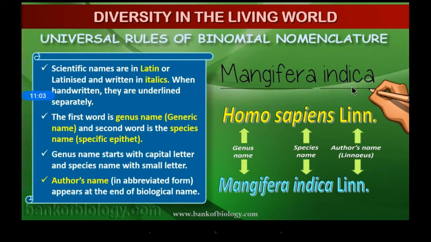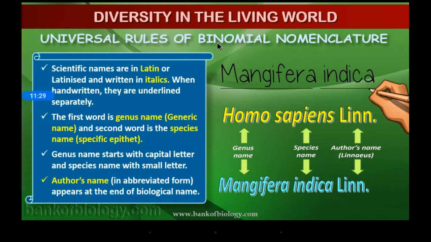And here you can see the genus name will start with a capital letter and the species name or specific epithet will start with a small letter. Yes, so these are the main criteria for writing binomial nomenclature.